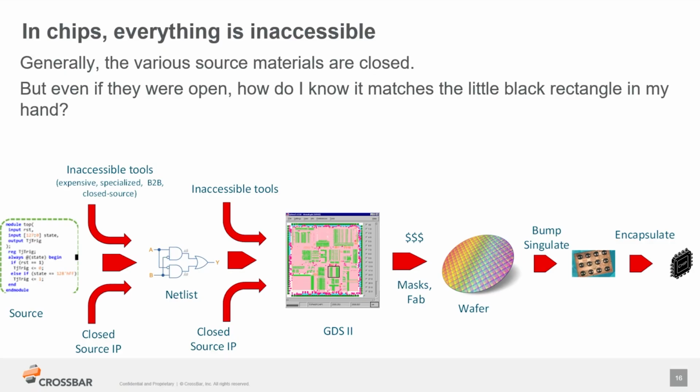So you start with this, this can be open source, the concurrent programming language, but then you have these inaccessible tools, always closed source IP, such as that library I was talking about that maps that into a net list. Then further inaccessible tools and closed source IP to create the GDS.